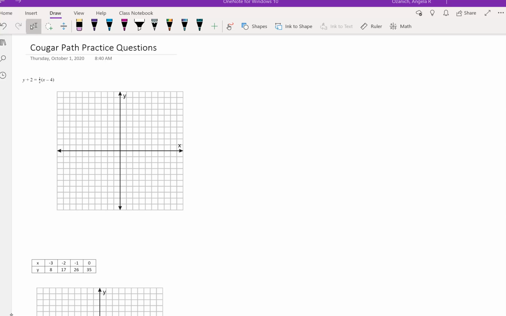All right, so our focus for this unit has been to work with these three forms of our linear equation. So slope-intercept form, we know that one. And we also have been working a lot on point-slope form, which remember looks like this.